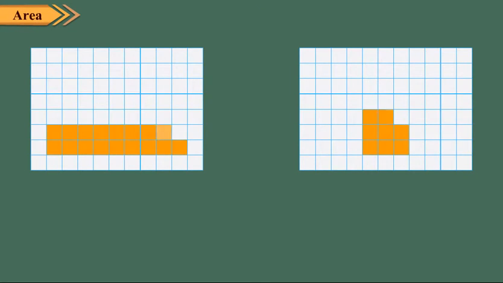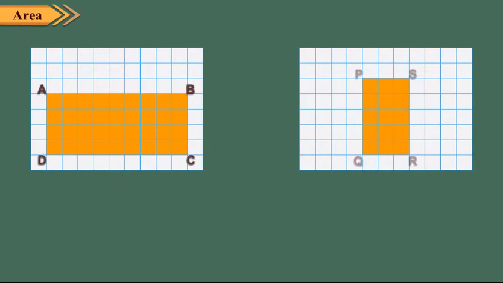Let us find the area of the rectangles ABCD and PQRS shown here. We see that rectangle ABCD contains 36 small squares. So its area is 36 square centimeters.